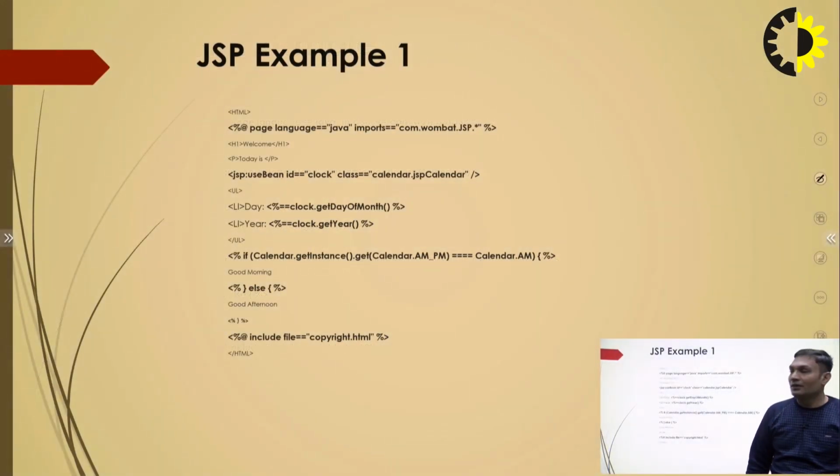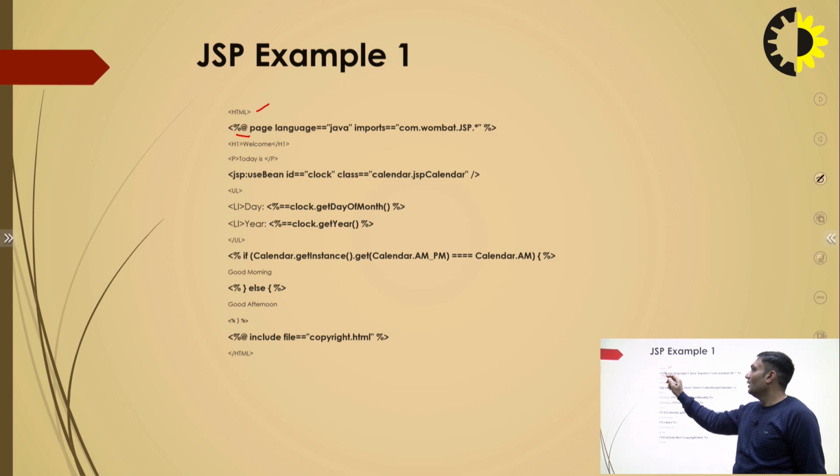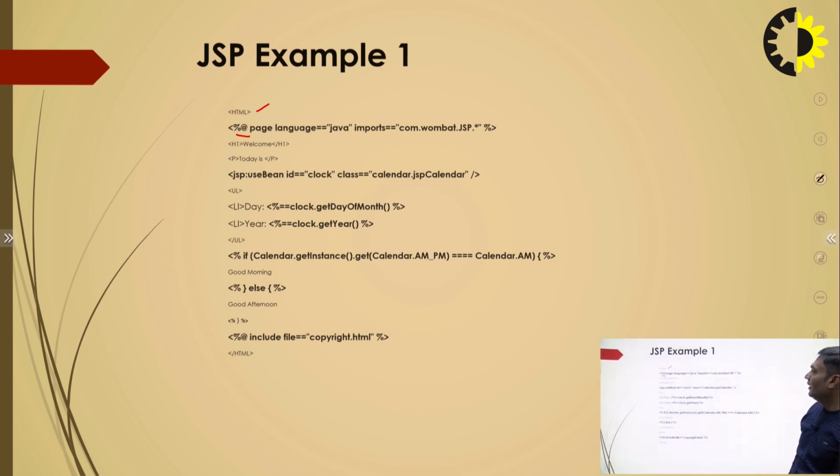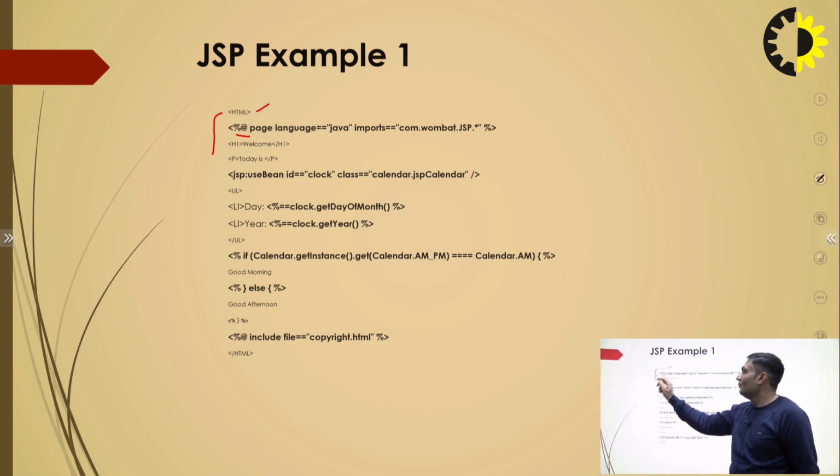So this one is the example where we can see that the file is an HTML file, and we are using the JSP tag just to combine the Java code inside the HTML program.